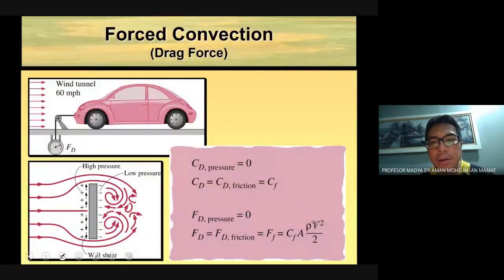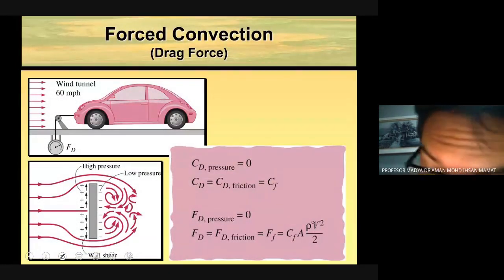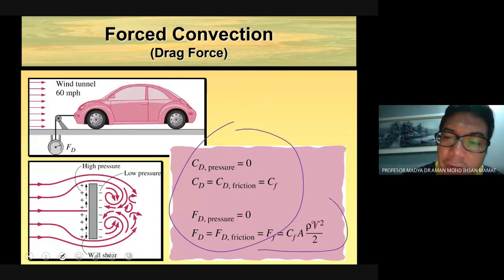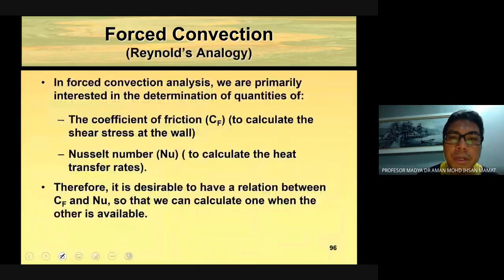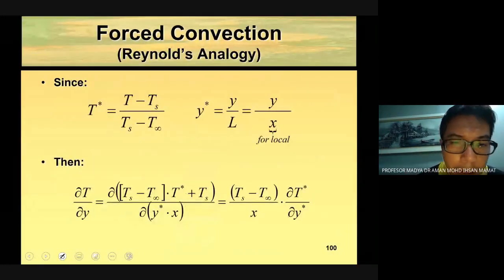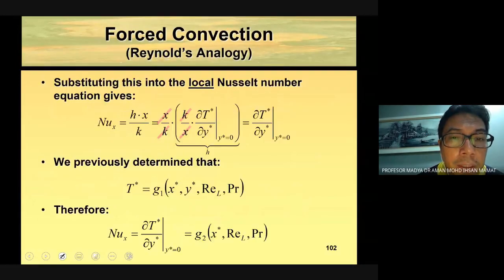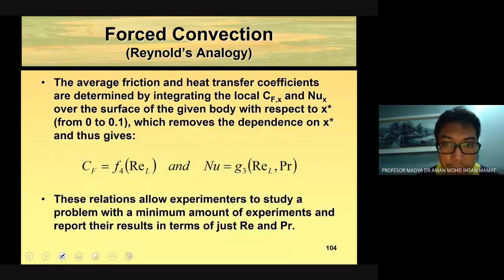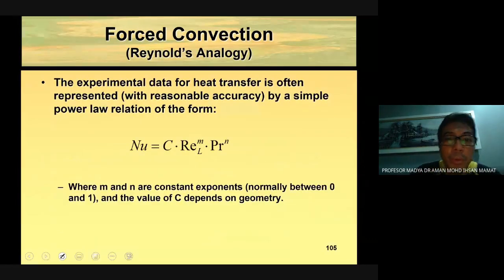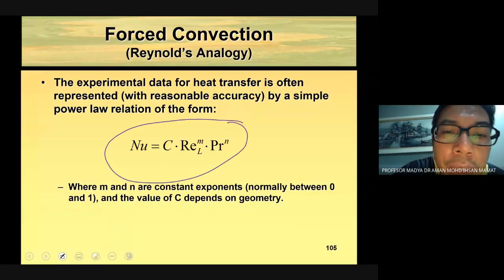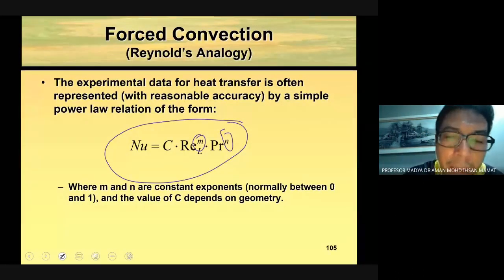Reynolds number analogy, this is what I have explained before. You have the friction, then friction forces, drag force, which you can correlate with the Nusselt number, as I mentioned before. In the experimental work they have done, it is C Reynolds number to the power of n and the Prandtl number to the power of n.